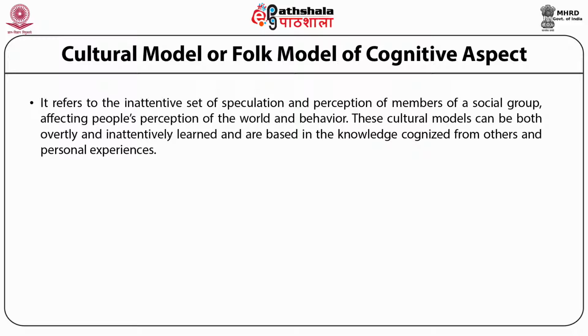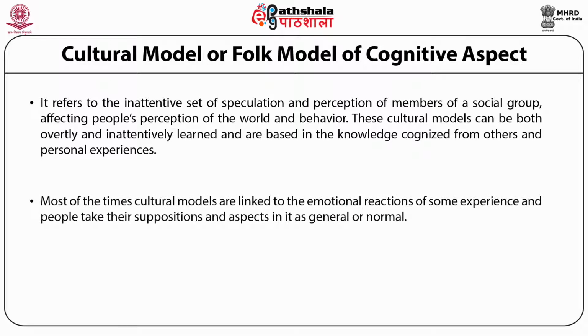These cultural models can be both overtly and inattentively learned, and are based on knowledge cognized from other members of the society as well as personal experiences. If one individual has an experience with one object, he shares it with other members of the society, and it becomes a pool of knowledge.